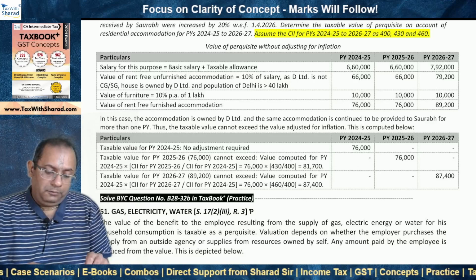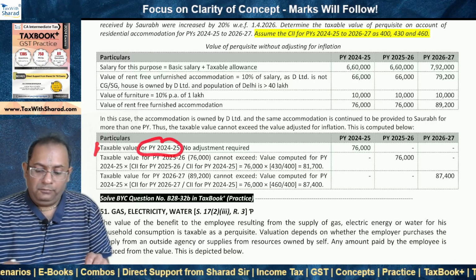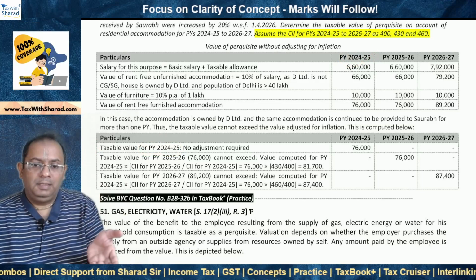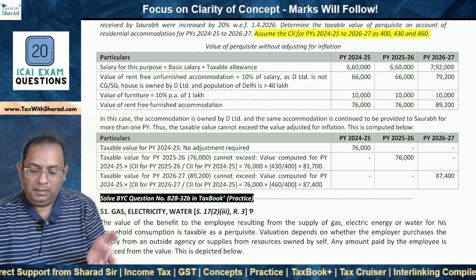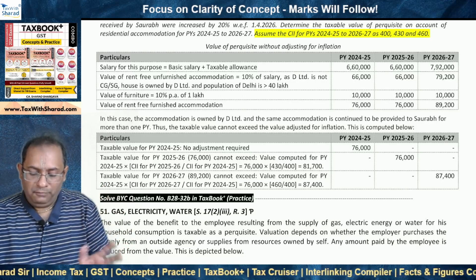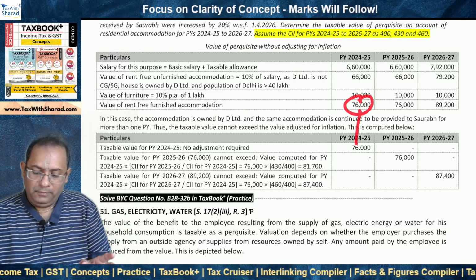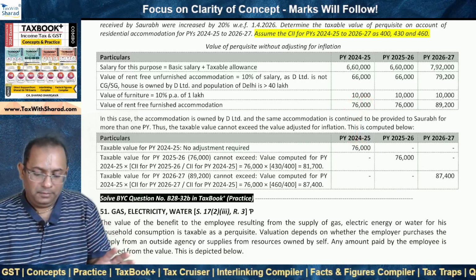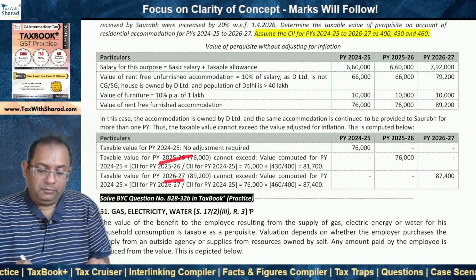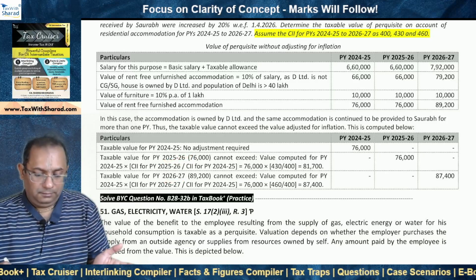Now taxable value for previous year 24-25. 24-25 is actually the first year, and therefore it need not be adjusted for any inflation. So the value will remain at 76,000. No adjustment is required. But when we calculate for 25-26 and 26-27, adjustment will need to be checked.